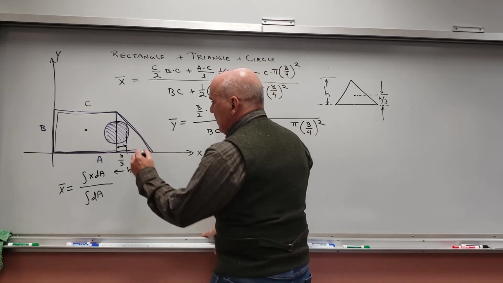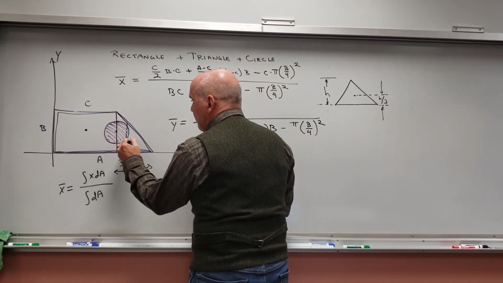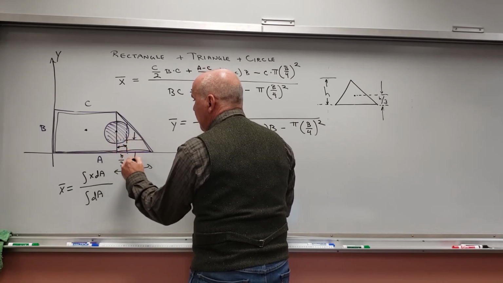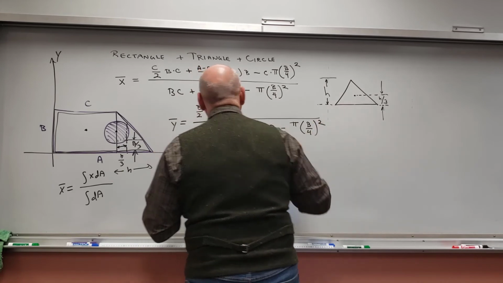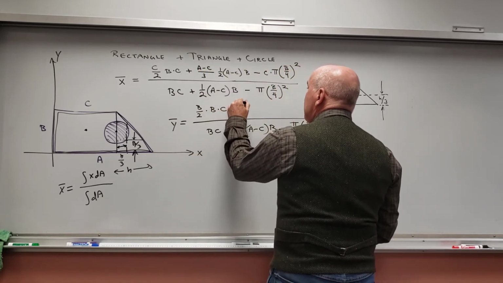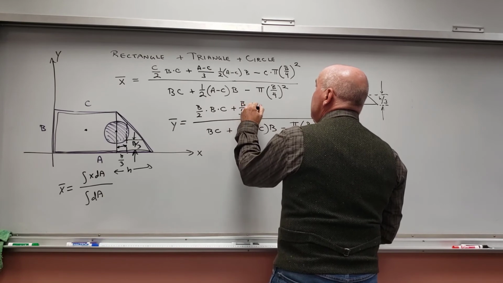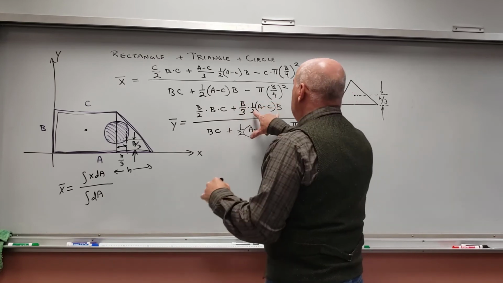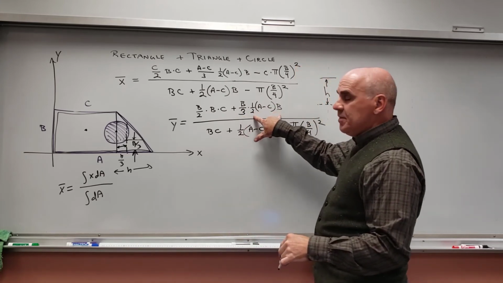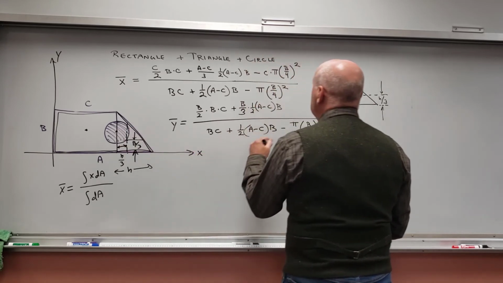And then the centroid of the triangle is going to be, the height is b, so the centroid over here, this distance right here, that's going to be b over 3, right? Because it's 1/3 the height. So plus b over 3, and then 1/2 a minus c times b. There's the centroid, there's the area. And then the circle, and the circle is going to be b over 2.